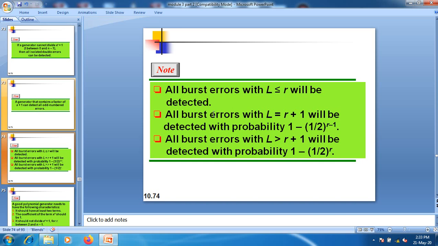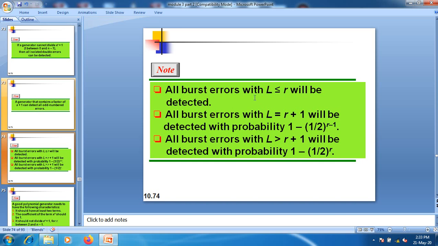Based on the divisor value, maybe you have the polynomial expression x to the power r plus x to the power r minus 1 and so on up to 1. In that case, we are trying to identify this burst error with certain probability.